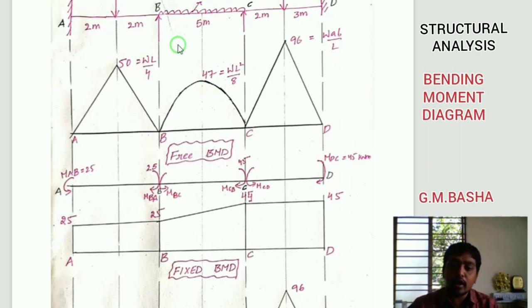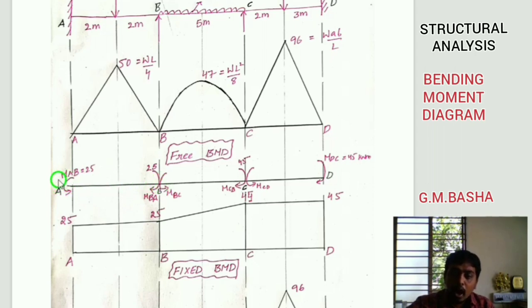So already I told you how to apply the moments. Anti-clockwise means negative, clockwise means positive. So friends, see here, I am telling you one small logic, and this logic will be applicable for all types of bending moment diagrams. So this AB is a span.